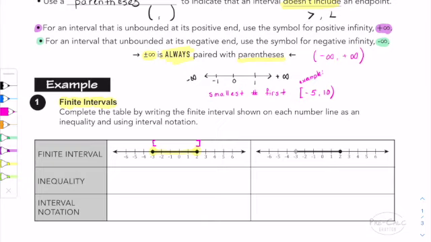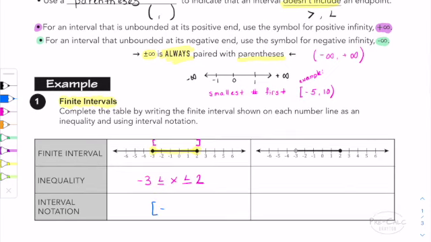If we were to write this as an inequality, we would write this as -3 is less than or equal to x, which is less than or equal to 2. If we were to write this as an interval, we would write this as -3, smallest number first, comma 2. Use a square bracket with both of those because of those solid endpoints.